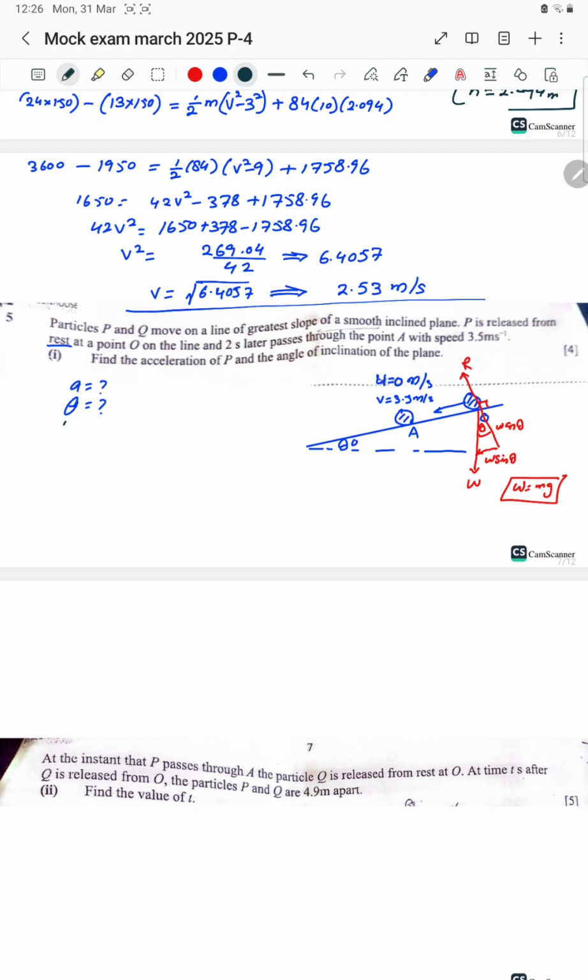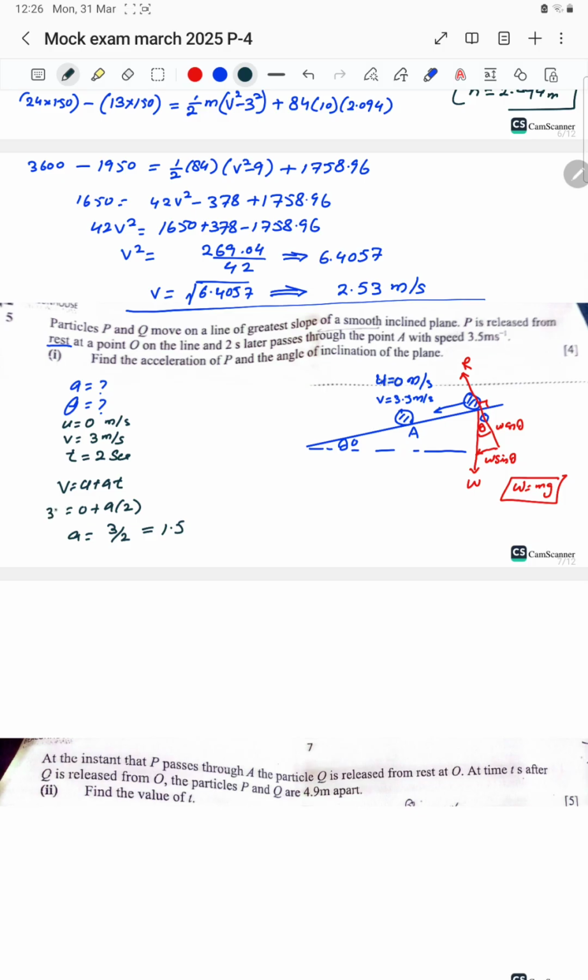u was 0, v was 3.5 meter per second, and t takes 2 seconds. So v is equal to u plus at. v is 3.5, u was 0, a we have to find, time is 2. So a will be 3.5 by 2, sorry, it's not 3, it's 3.5.